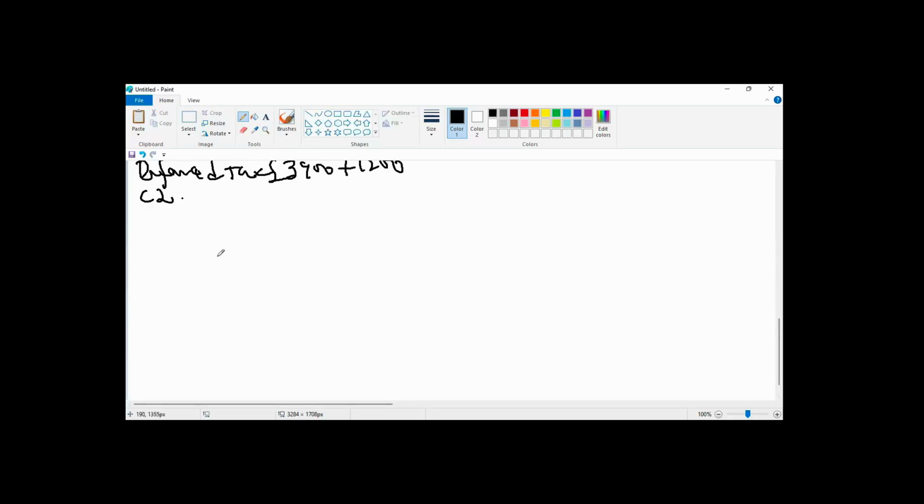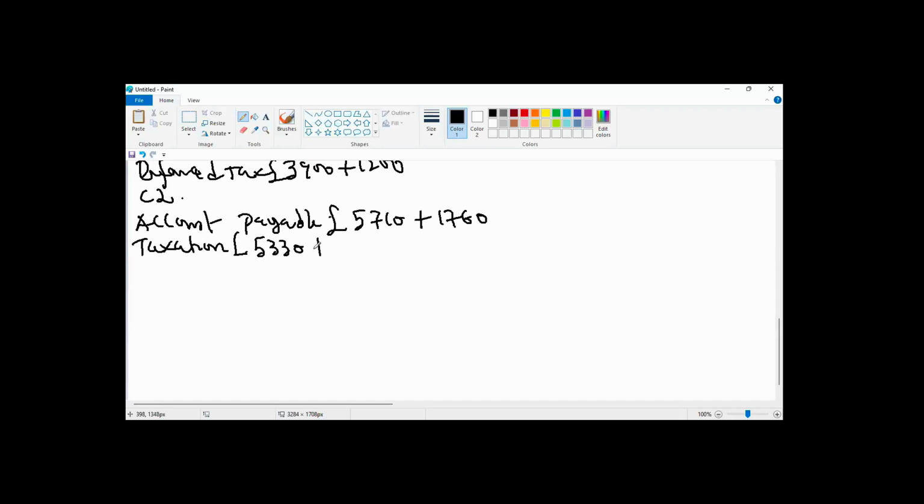The current liabilities, we have accounts payable, which is 5,710 plus 1,760 plus transactions, 5,330 plus 410.